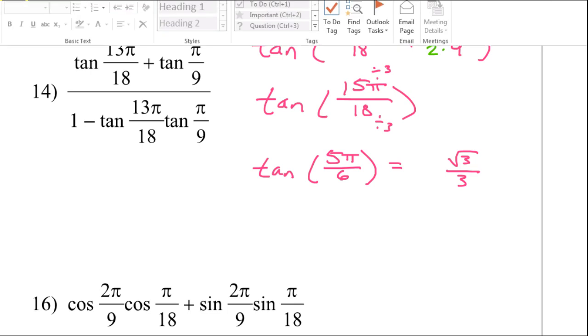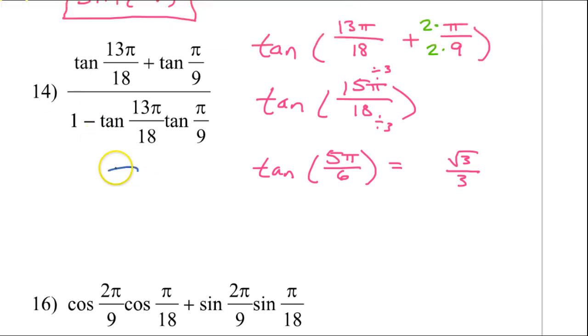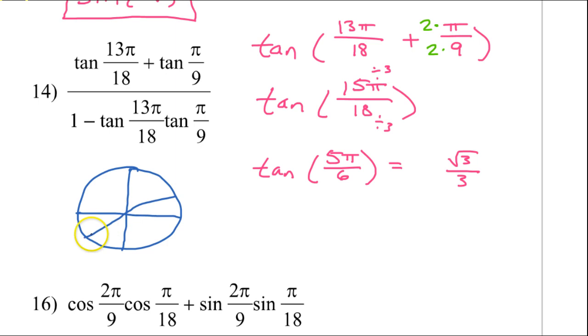And the way I can decide is by looking at a diagram and considering the quadrant that we're in. We're talking about pi over 6's as a reference angle, so I'm just going to draw a quick diagram. In fact, it's going to be so quick that it's probably going to be a little messy. So bear with me because it doesn't have to be that accurate to be useful.